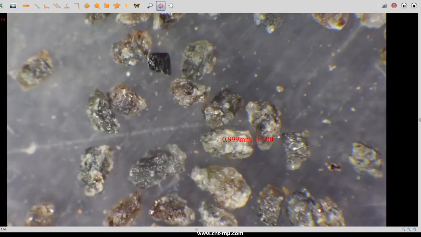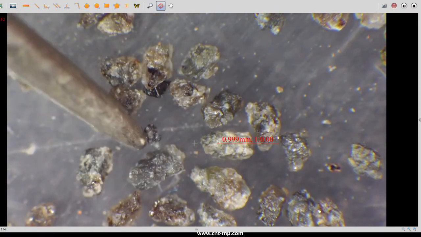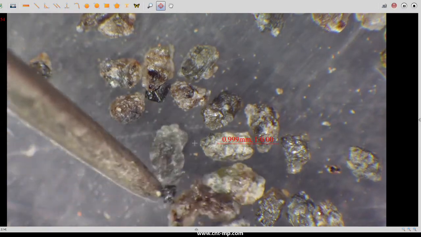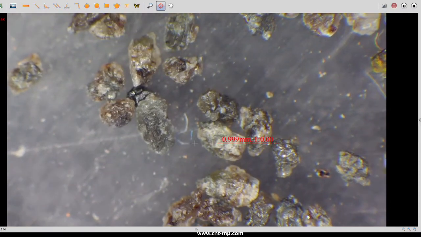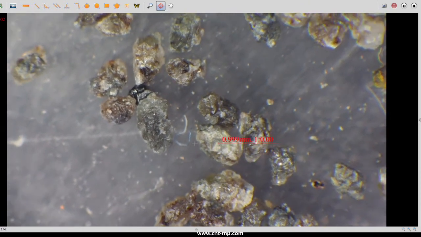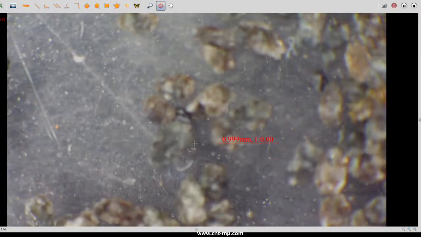You see, when we try to... let me just rotate my camera, because... Okay.